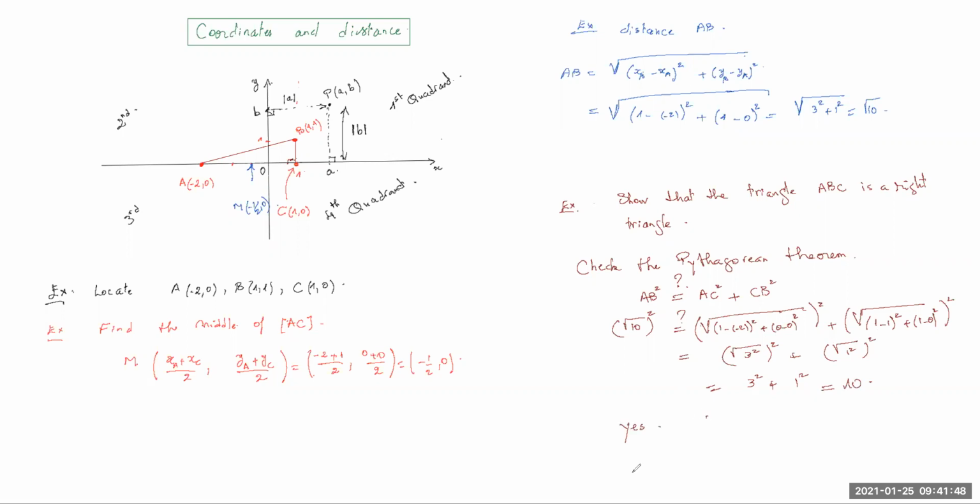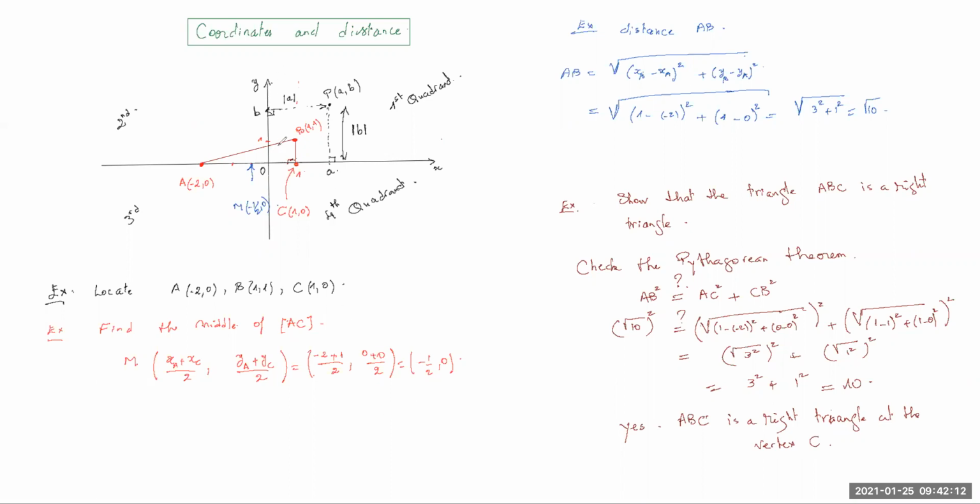So yes, my triangle ABC is a right triangle at the vertex C. This is how we locate a point.